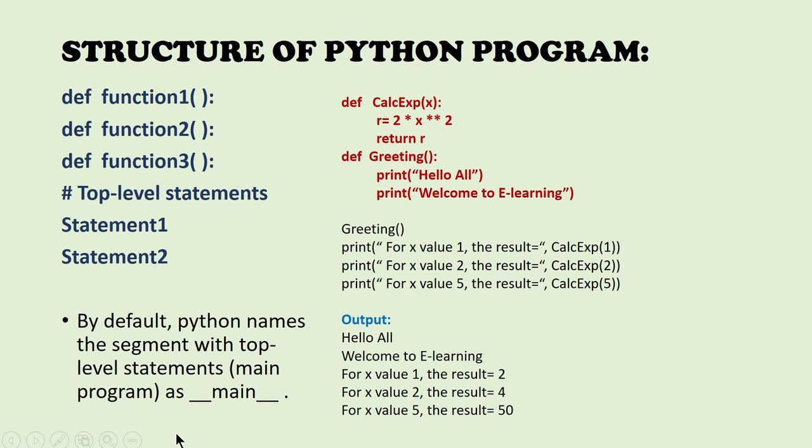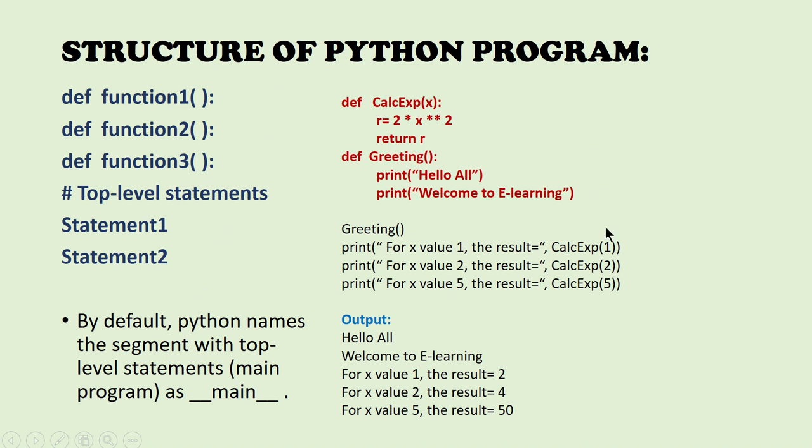But in Python we do not give any such name explicitly. However, internally it is stored like that: all the top level statements are given the name __main__. So in Python also, the execution starts from main, that is, the main program. The execution starts from the top level statements.